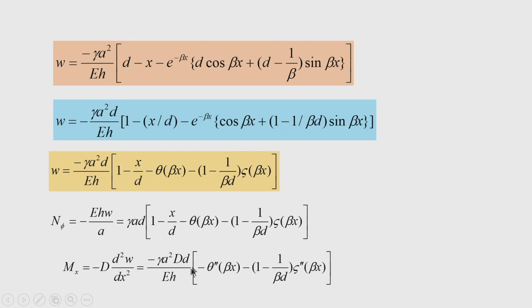Theta double prime indicates the second derivative of this quantity, because the second derivative of these two terms will be 0. Then we are getting minus 1 by beta d, second derivative of that quantity xi beta x.